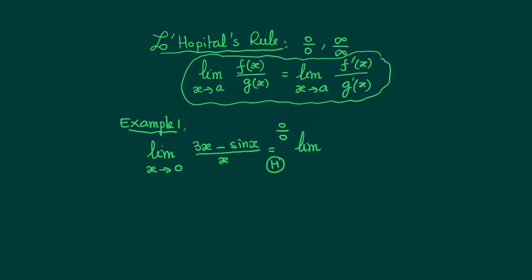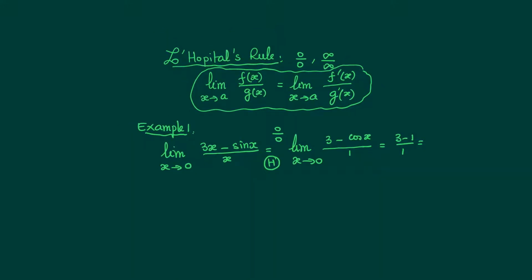The derivative of 3x is 3, minus the derivative of sine, which is cosine, over the derivative of x, which is 1. Now if we substitute, we get 3 minus 1 over 1, so the limit is equal to 2. That's the limit of this function.